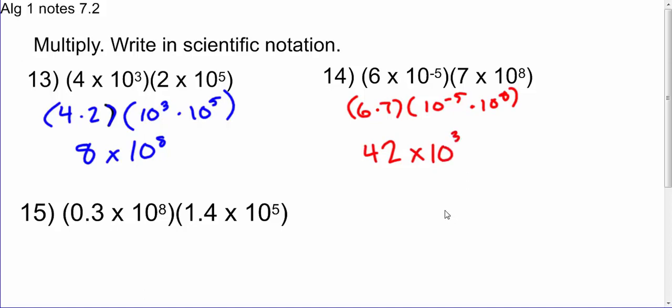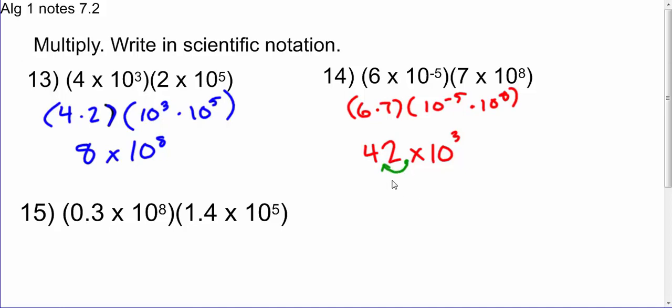Now that looks great, except if you just look back at our definition of scientific notation, it said that this a value, the number 42 is what we're talking about, has to be between 1 and 10. So I need to do something about the fact that I'm not between 1 and 10. So I need to move that decimal back one place.